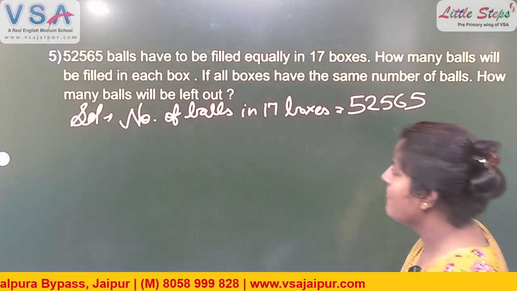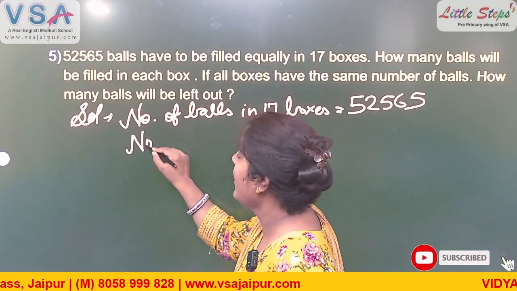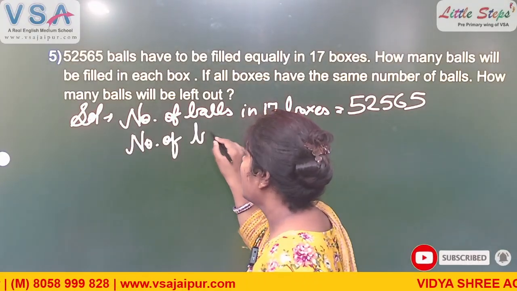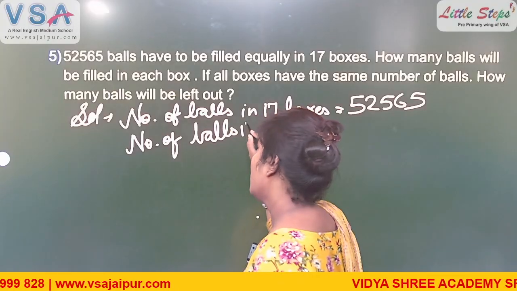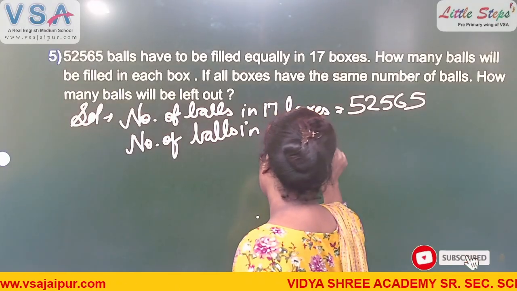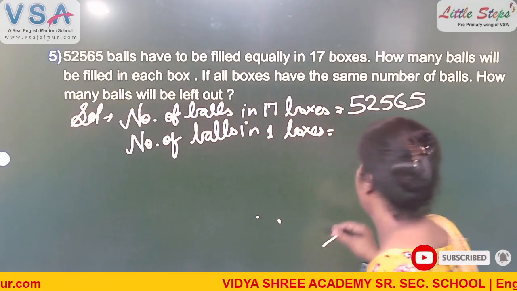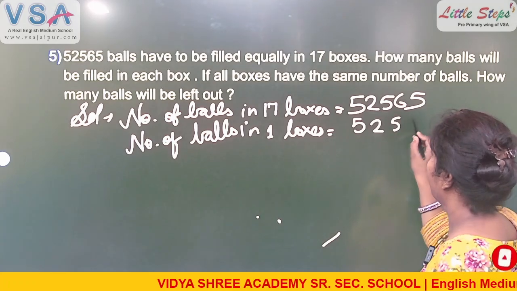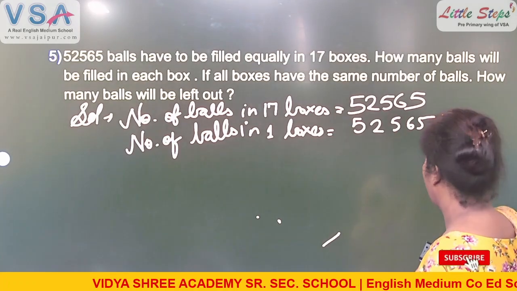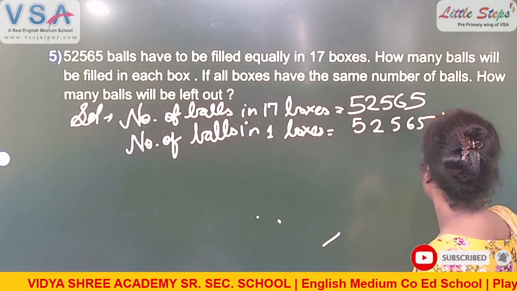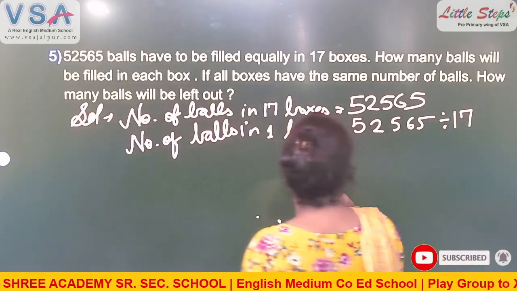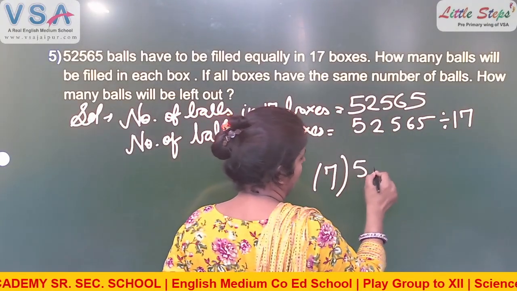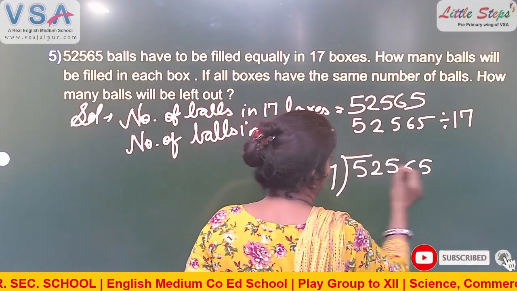Okay, and number of balls in one box. Yes or no? So we divide by 17. Divide by 17 also. Okay. So split the table of 17.